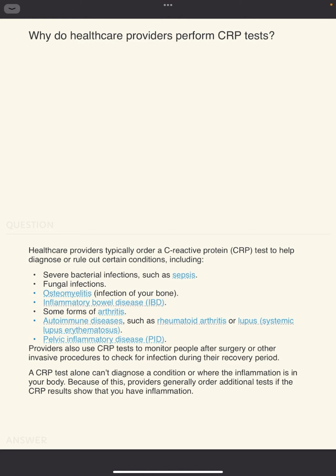Providers can also use the CRP test to monitor people after surgery or other invasive procedures to check for inflammation during their recovery period. A CRP test alone cannot diagnose conditions or where the inflammation is in your body. Because of this, providers generally order additional tests if the CRP result shows that you have inflammation.